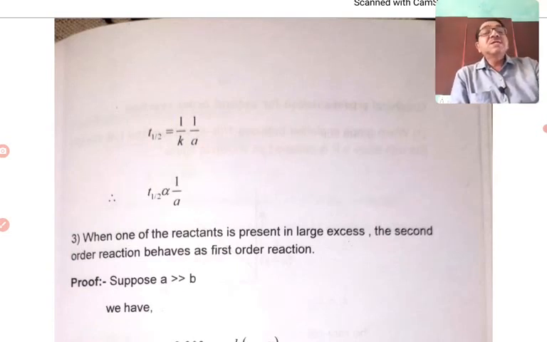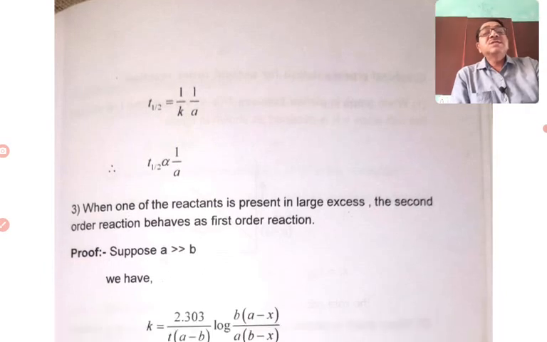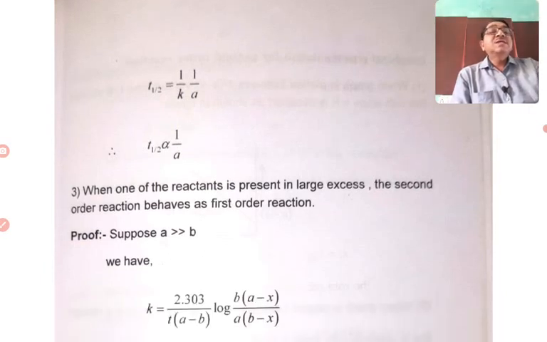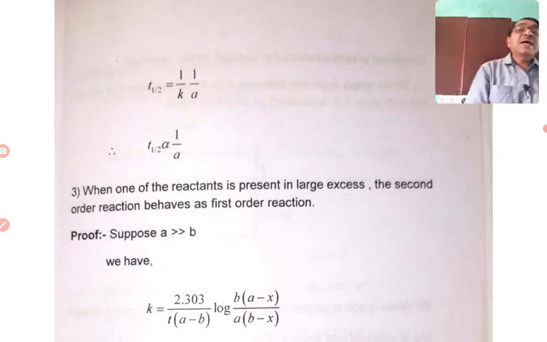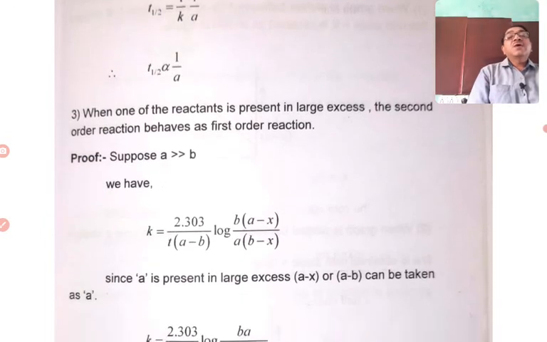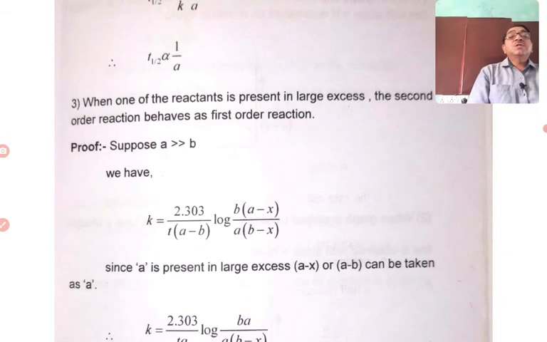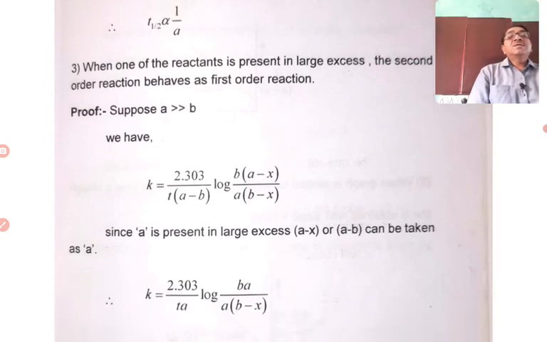Another characteristic of second order reaction, that is the third one: when one of the reactants is present in large excess, the second order reaction behaves as first order reaction. Suppose the concentration of A is greater than B, we have k is equal to 2.303 divided by t into (A minus B) log b into (A minus x) divided by A into (B minus x).